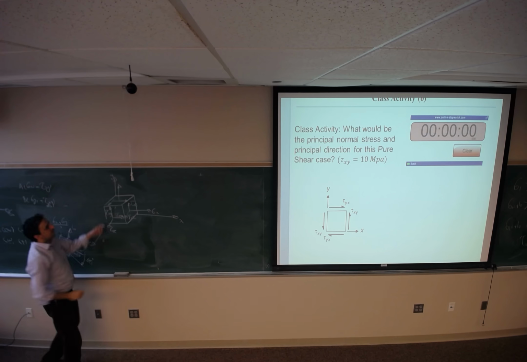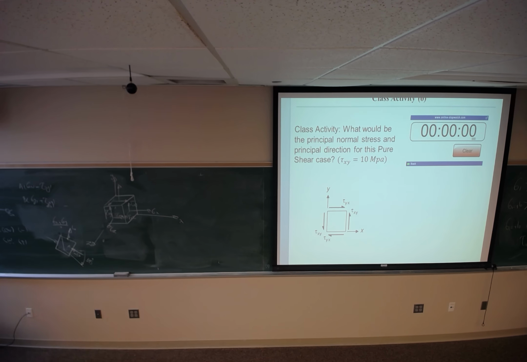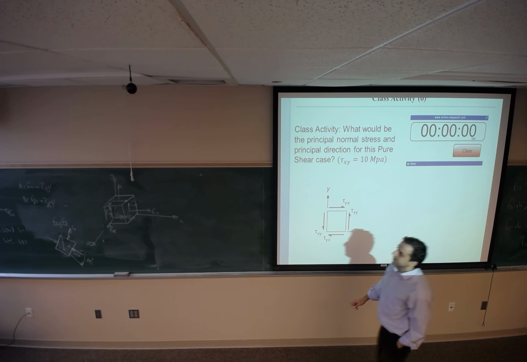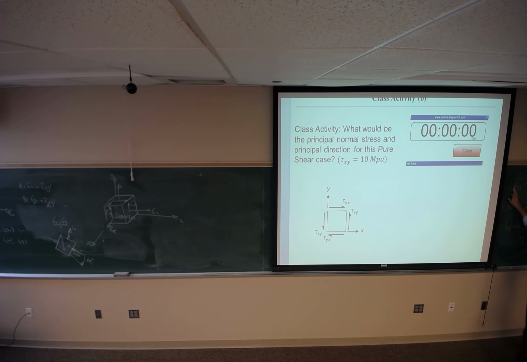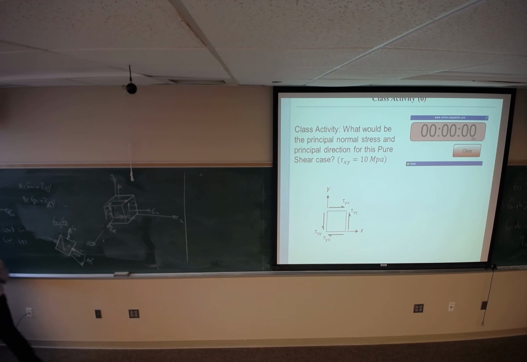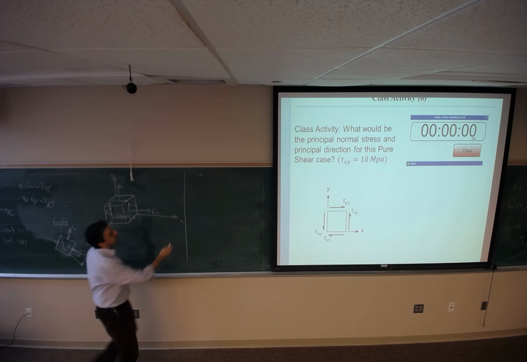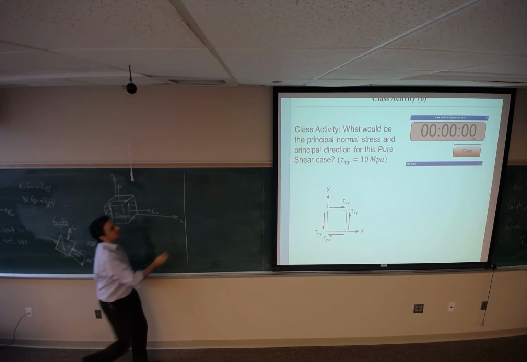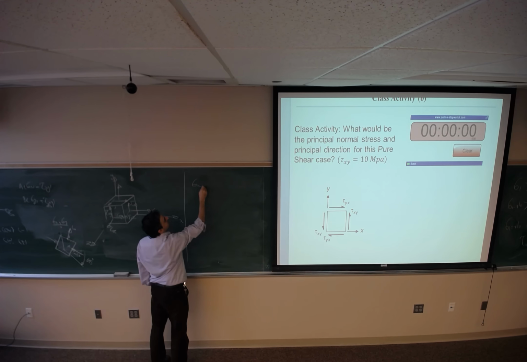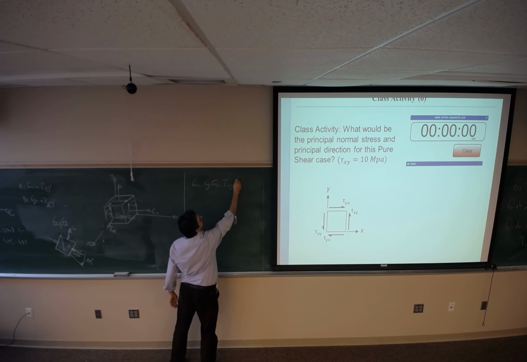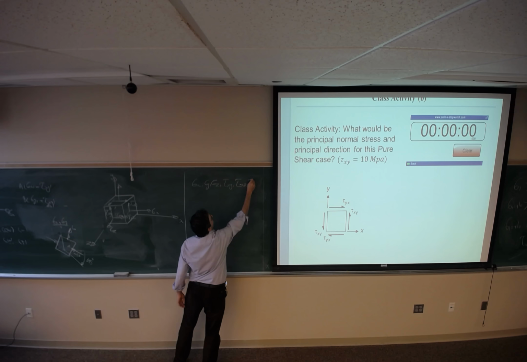If we have a general state of stress which has 6 terms, how can we find the principal normal stresses sigma 1, sigma 2, and sigma 3? I won't go in depth, I'll just write the equation. The terms that we have are sigma x, sigma y, sigma z, tau xy, tau xz, and tau yz. 6 terms.